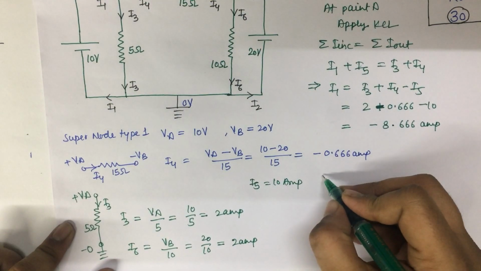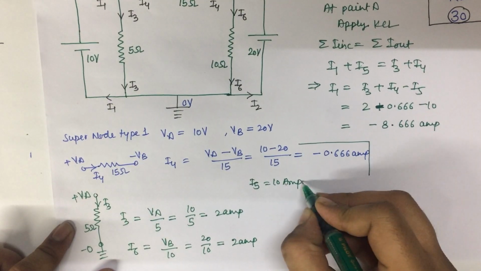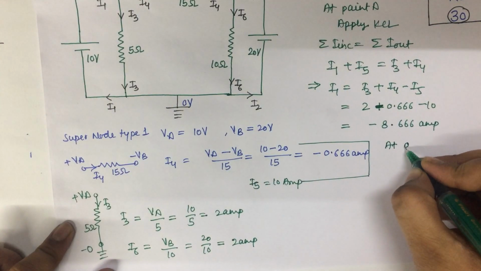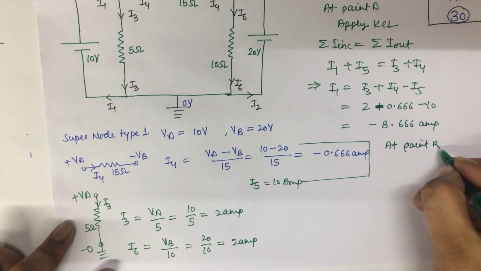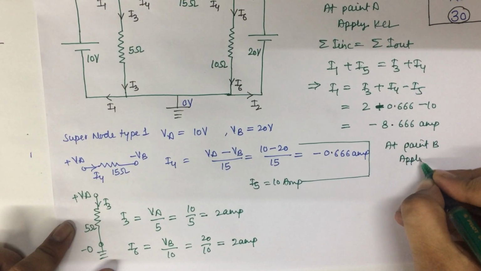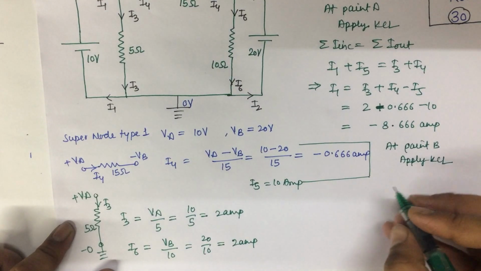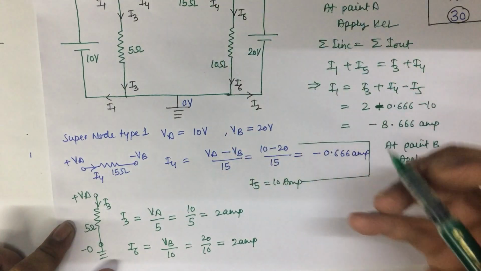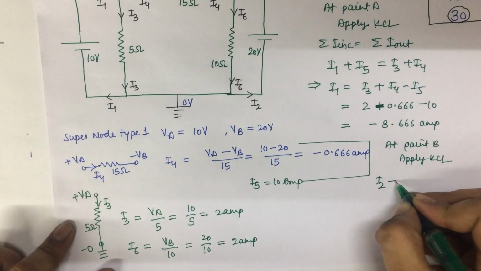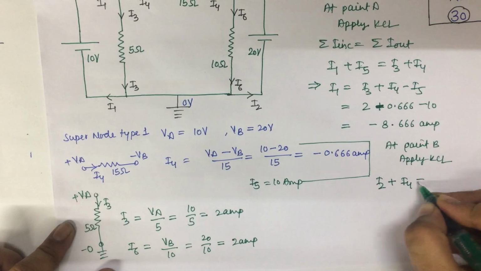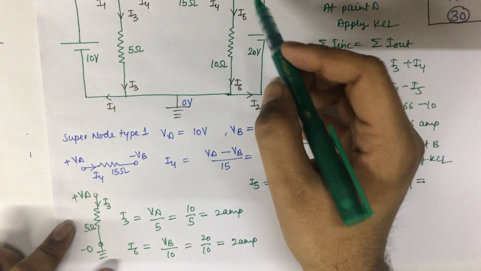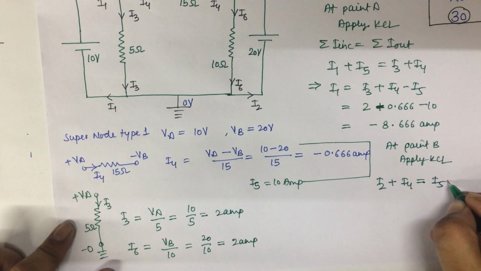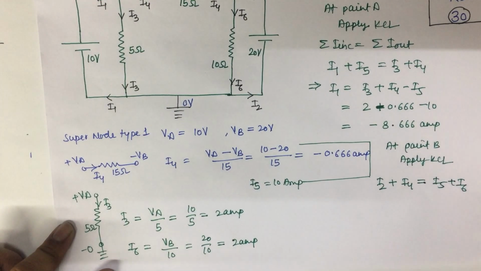Similarly, we apply KCL at point B. Summation of all incoming current is equal to all outgoing current. Incoming is I2 plus I4, equal to outgoing I5 plus I6.